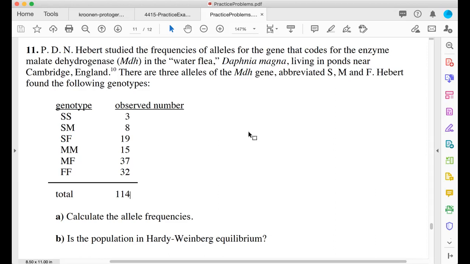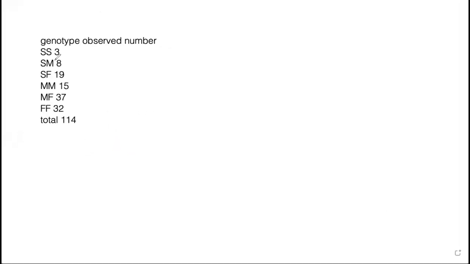So Hebert, whatever he is, found the following genotypes, which I very cleverly posted in the whiteboard in advance. So he has three that have the genotype SS, and 8 with the genotype SM, and 19 with the genotype SF, and so on.